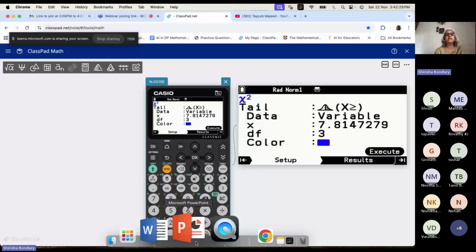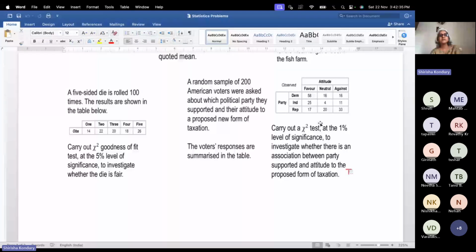Now we are looking at the last test, which is the two-way test. Again, I'm not worried about what question is being followed, but the main thing I wanted to point out is one of the entries. Here they are taking a random sample of 200 voters and we are looking at whether the attitude and the political party they supported have any connection between them or not.